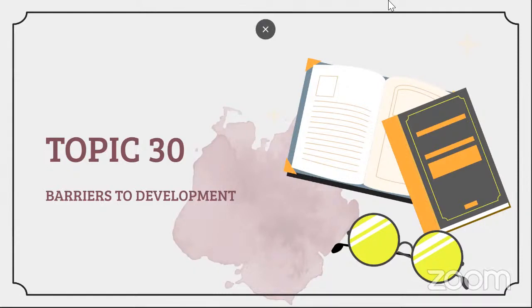Another one you can link to is inequality, income distribution. We might say that we have higher economic growth, like our GDP increases by maybe 5%. But if a country has a wider gap, where income inequality is so big, it means the majority of the people are poor and very few are rich.